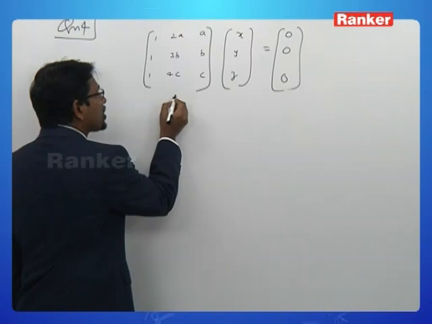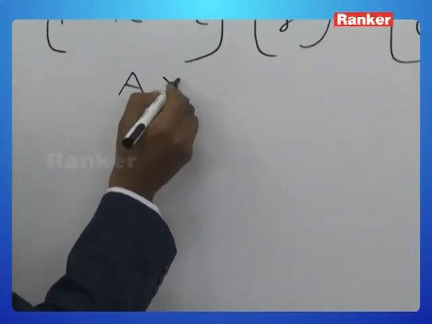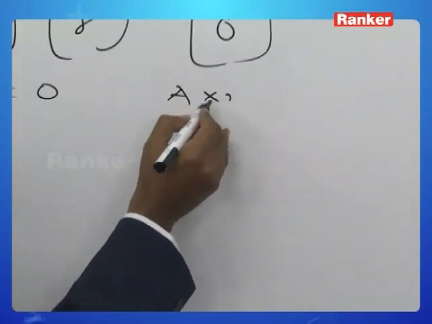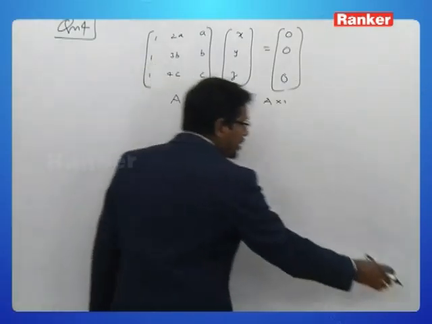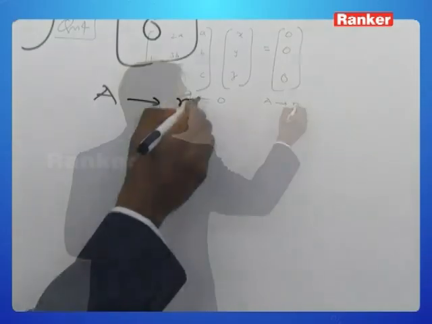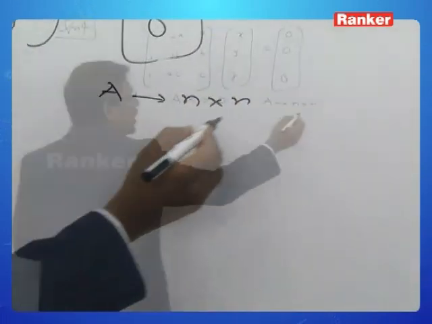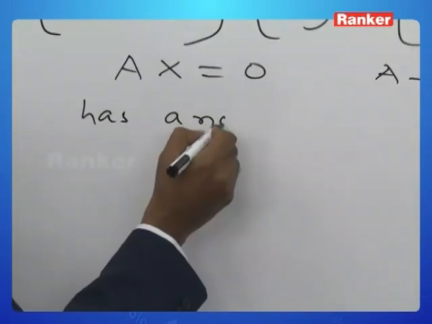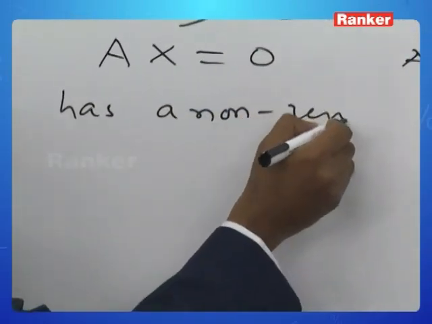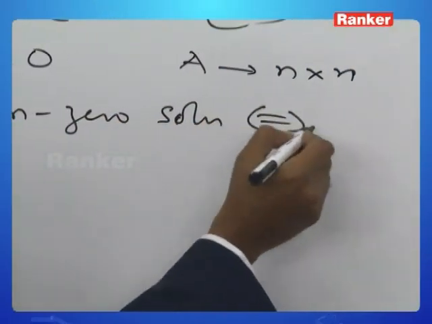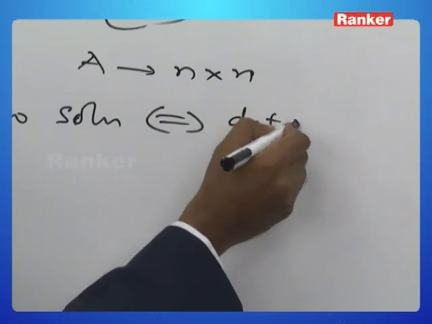Determinant of the coefficient matrix must be 0. So Ax = 0, where A is some n by n matrix, has a non-zero solution if and only if determinant of A is 0.